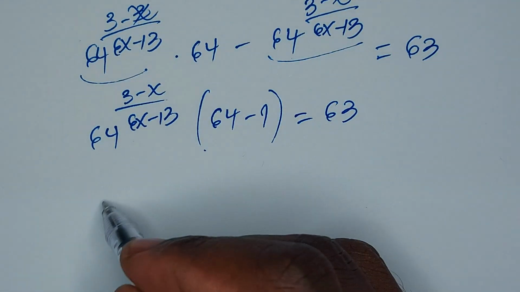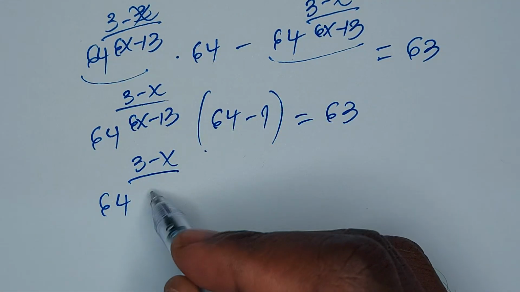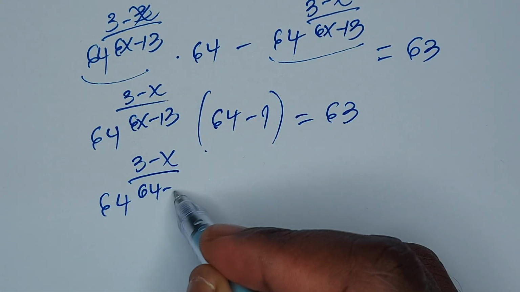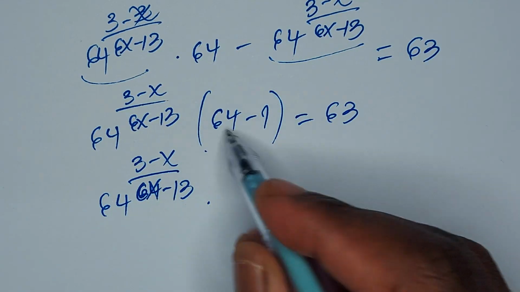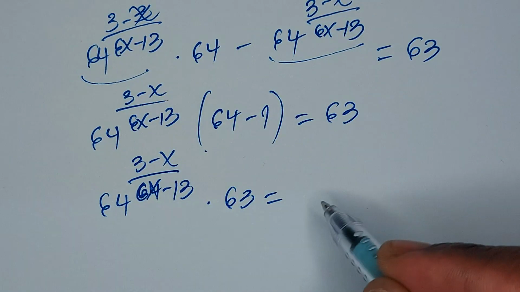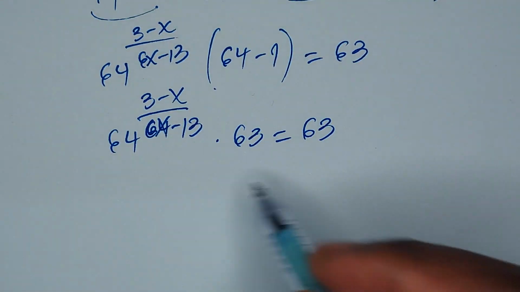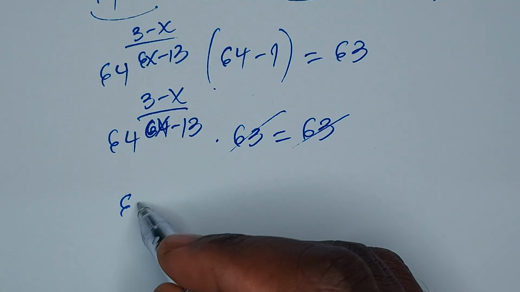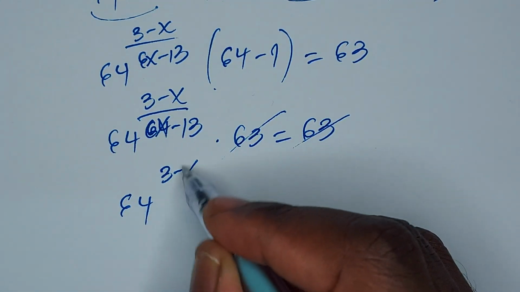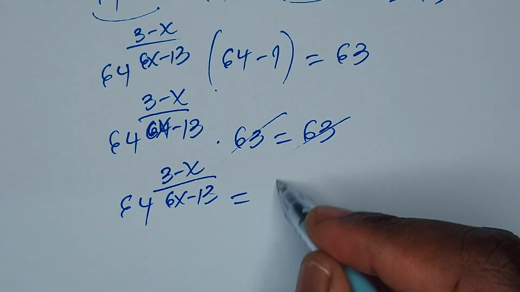So now we have 64 to the power of 3 minus x divided by 6x minus 13, times 63, equals 63. This 63 goes with this 63, which gives us 1. So we have 64 to the power of 3 minus x over 6x minus 13 equals 1.